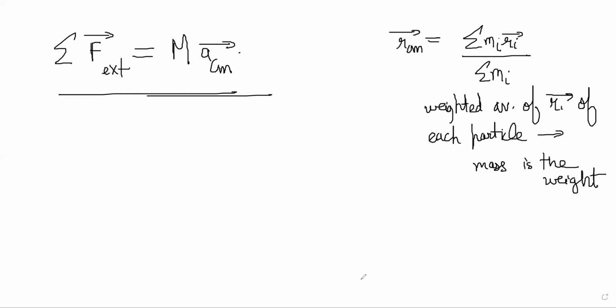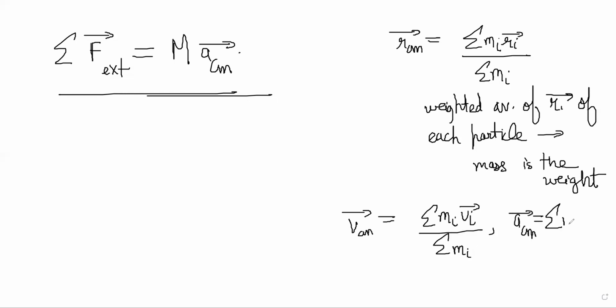So once you define this, you can define VCM as simply the derivative of this. So it will be summation mi vi by summation of mi, and ACM as this. And we have concluded that the total external force on the system is going to be equal to total mass, which is the sum of all the masses, multiplied by ACM.